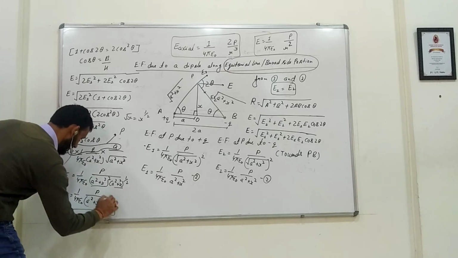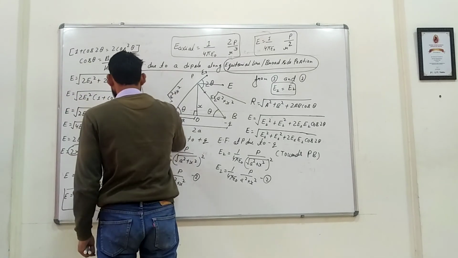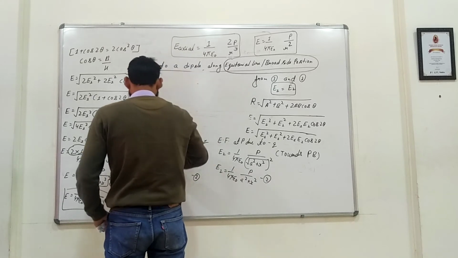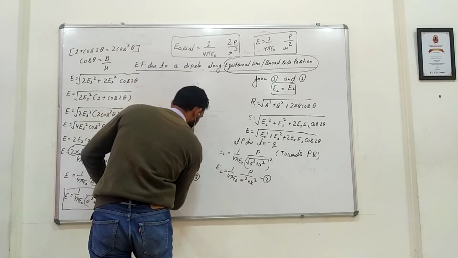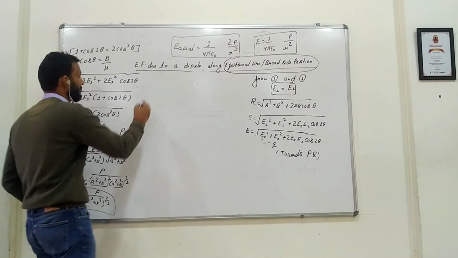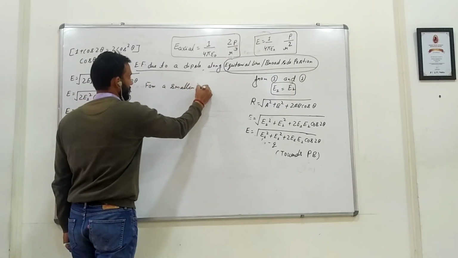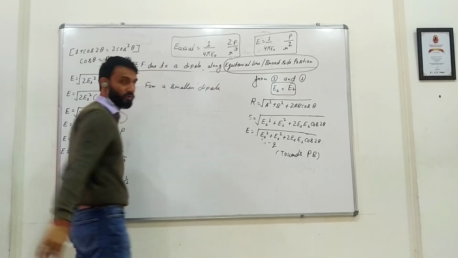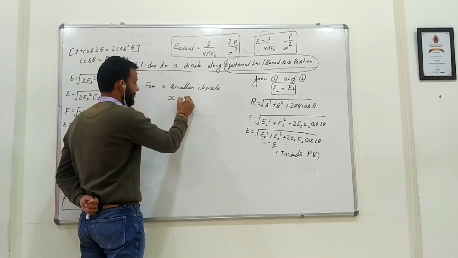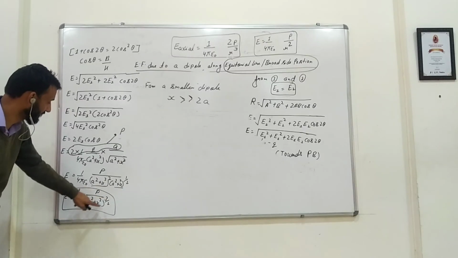This is the expression for electric field along the equatorial line. But again, we will be using the same for a small dipole. So for a small dipole, this x, which was the distance there, will be much greater than 2a, and in that case you can neglect this a square whole power 3 by 2.